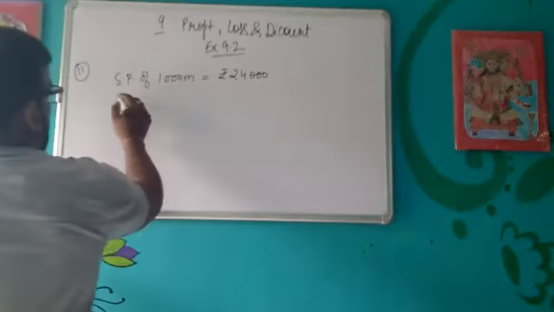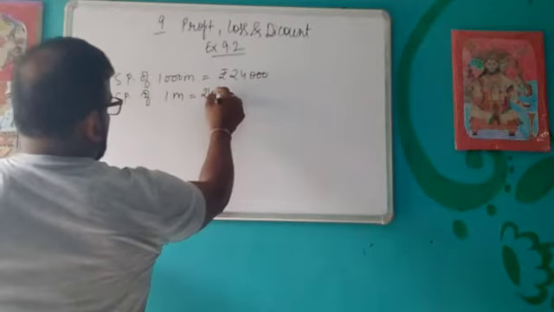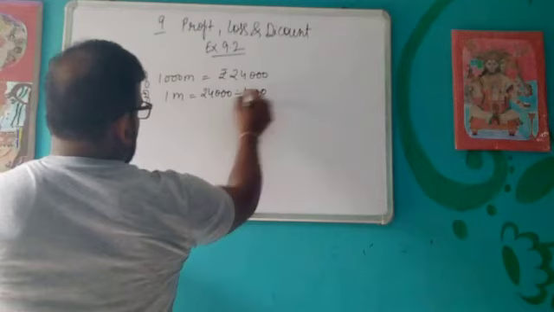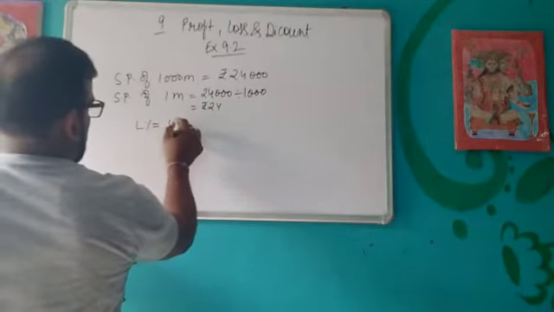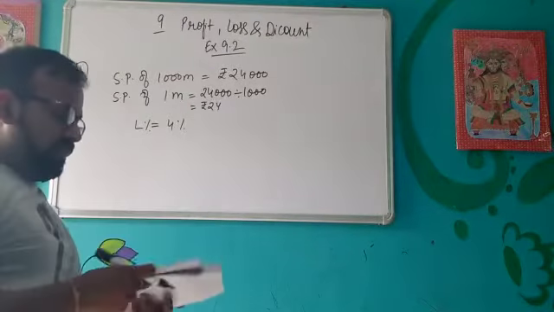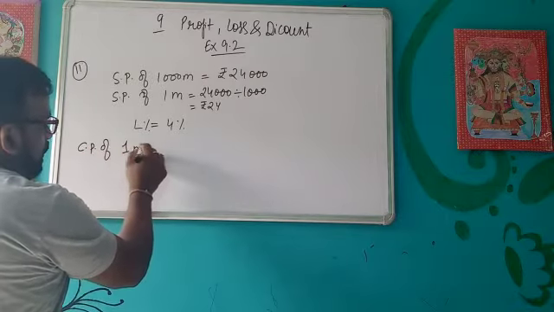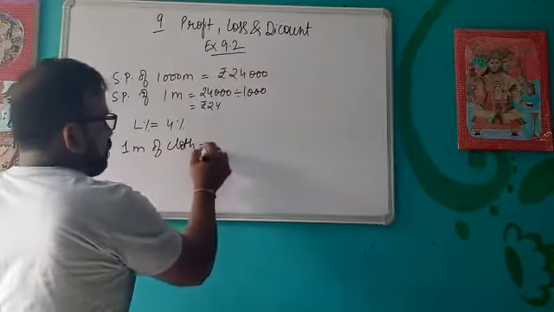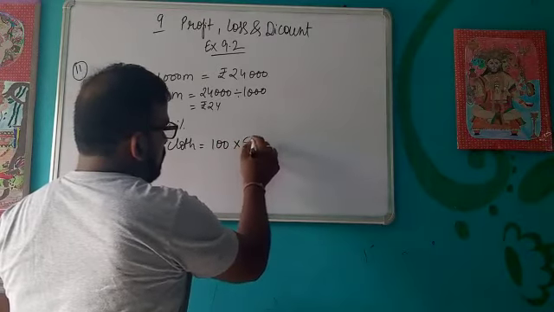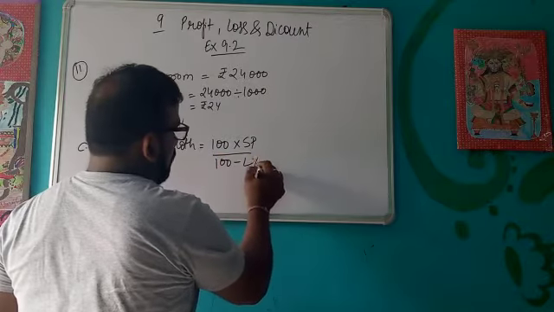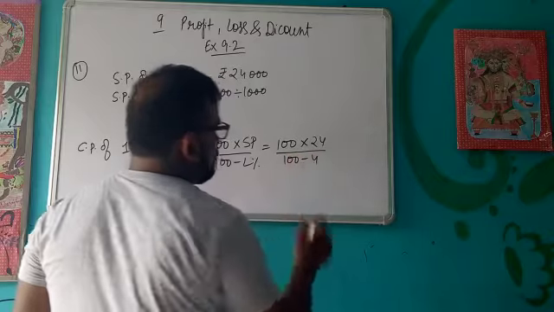What we will do is calculate the selling price of 1 meter, that is 24,000 divided by 1000, so it is rupees 24. Now I have the loss percent as 4%, and I have to calculate the cost price. So CP of 1 meter of cloth, again we use the same formula that we have used so many times now: 100 into SP upon 100 minus loss percent, that is 100 into 24 upon 100 minus 4.